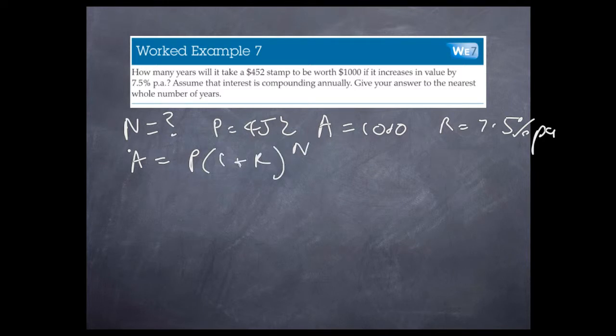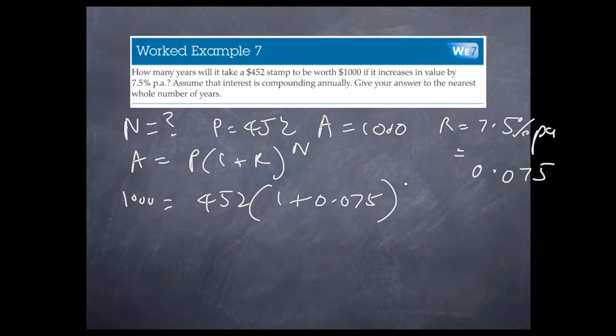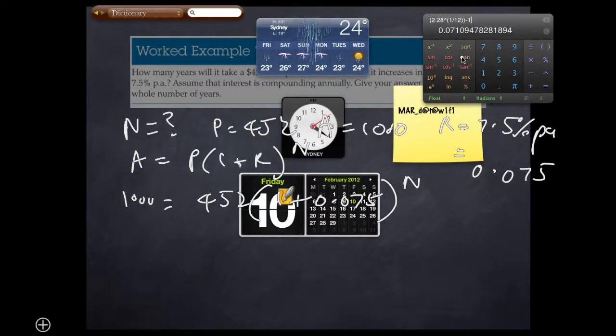So the amount is 1,000, which is equal to 452 times (1 plus 7.5% per annum). We divide this by 100, so we get 0.075, to the power of n. So let's work out 1,000 divided by 452.